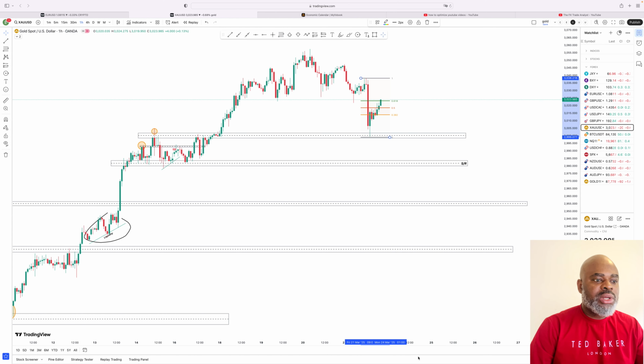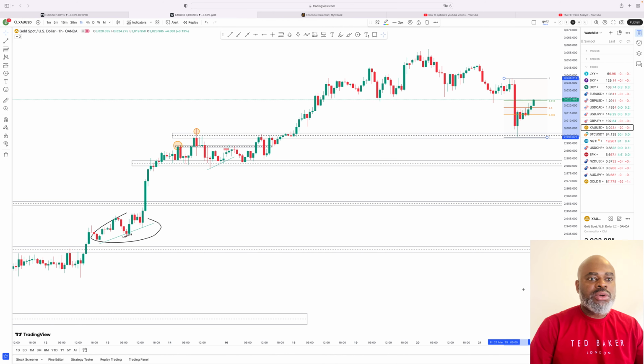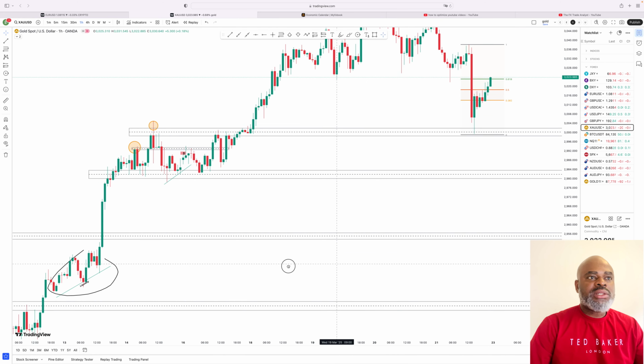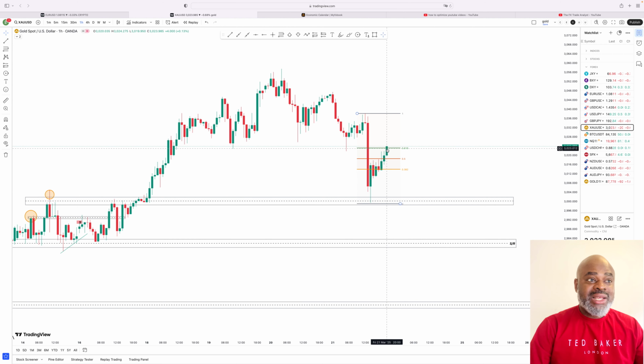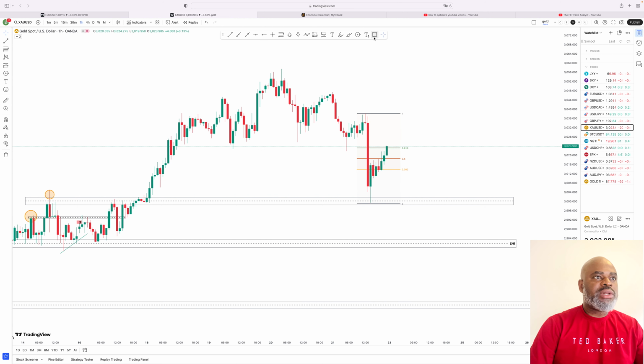I will just expand this chart so it becomes clear. All right. So if we mark this zone with the Fibs, we'll see that gold has clearly even broken the 618. But possibly what I think gold is coming to do is, of course, there's another area of resistance here, right?